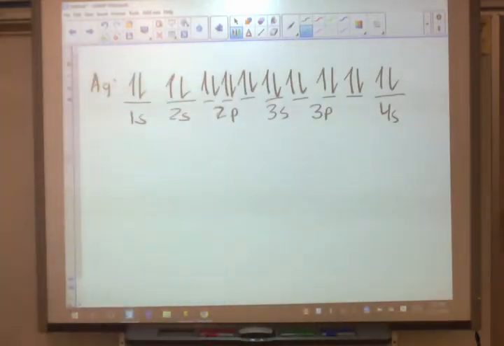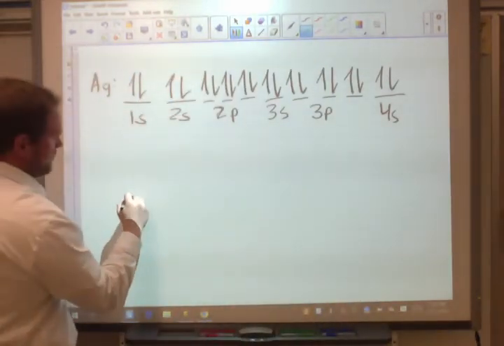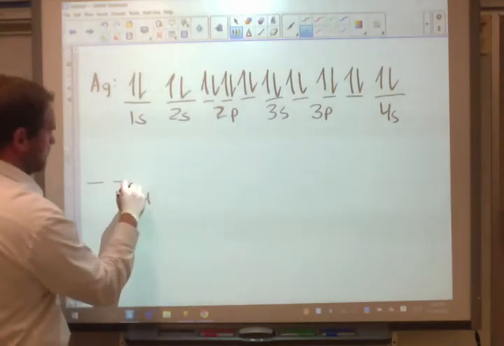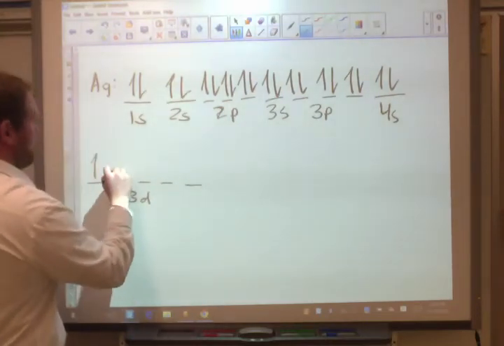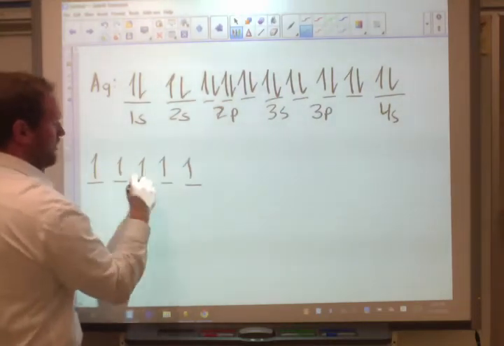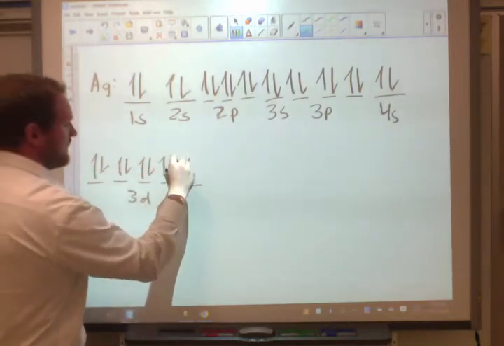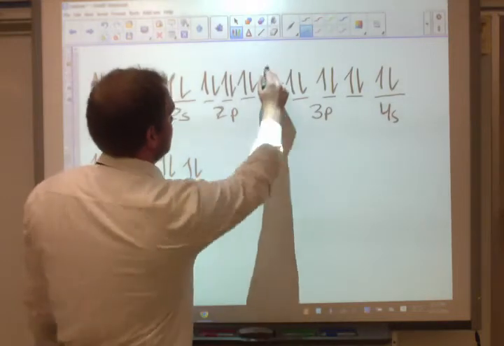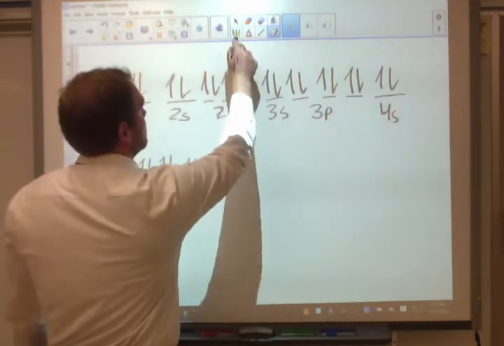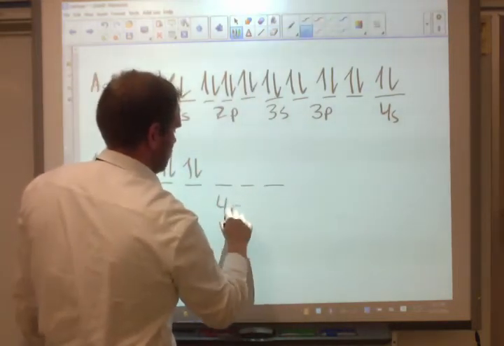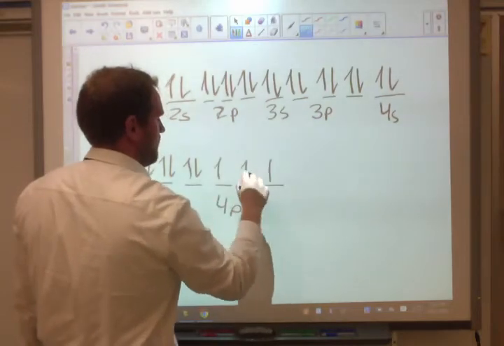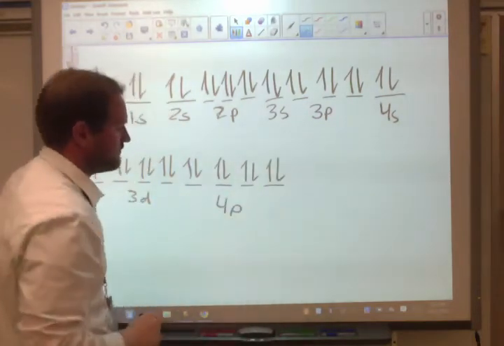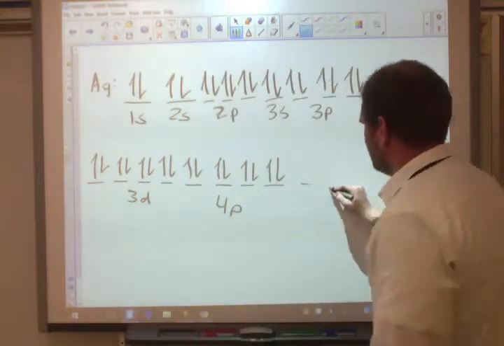Now before I go into 4p, I have to include my d. So 3d, up, up, up, up, up, down, down, down, down, down. Now I can do 4p, 6, 4p, up, up, down, down, down.